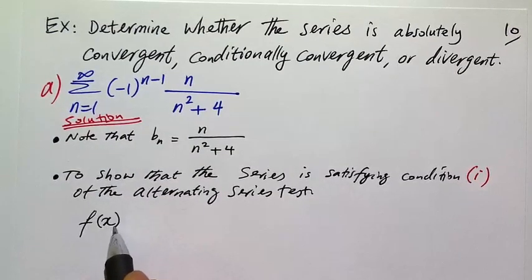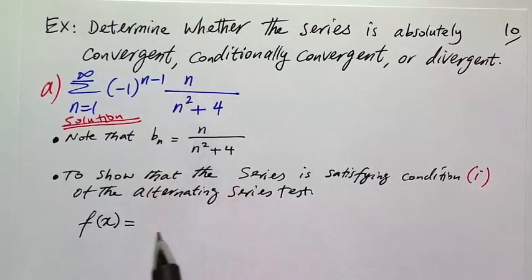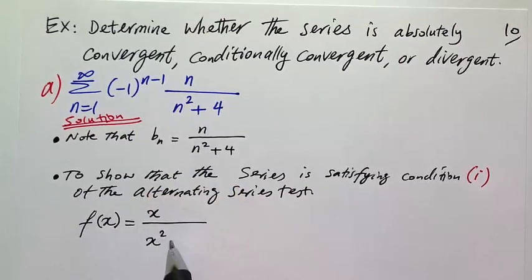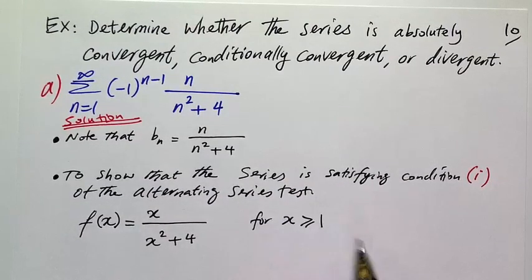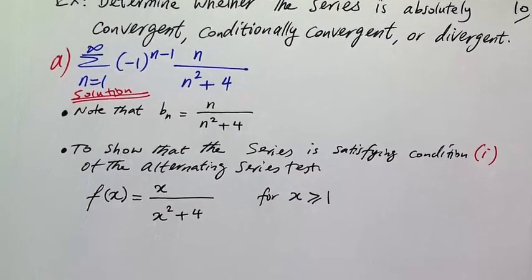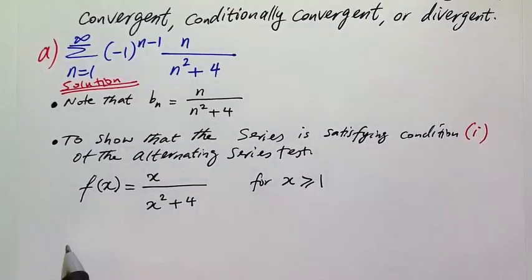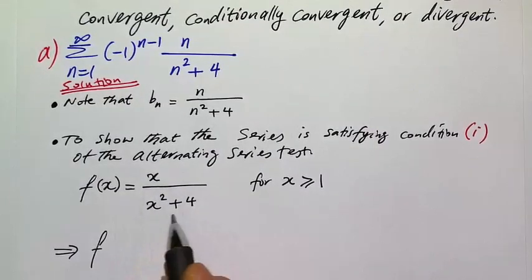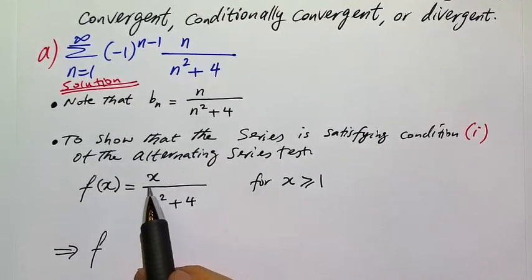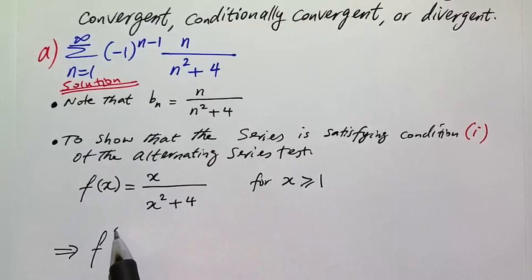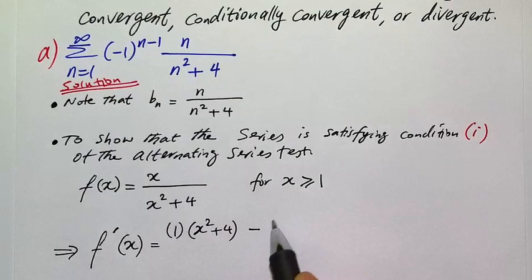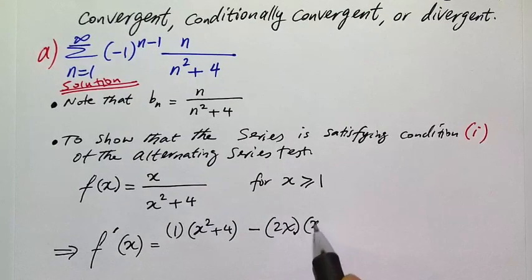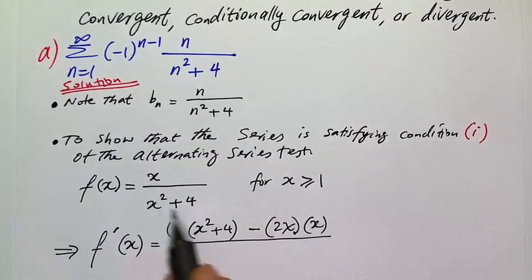So f of x equals, replacing n with x, x divided by x squared plus 4, for x greater than or equal to 1. Let us then take the first derivative, since we want to show where this function is decreasing and where it's increasing. f prime of x would be 1 times x squared plus 4 minus 2x times x, divided by all of that squared.